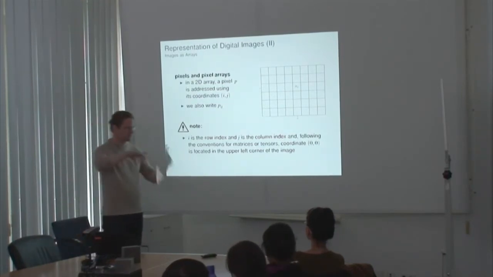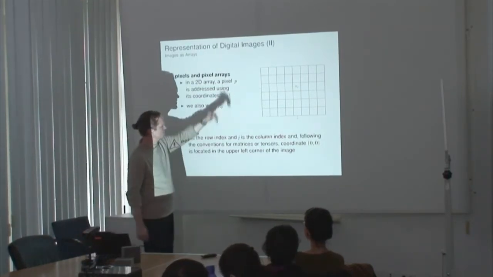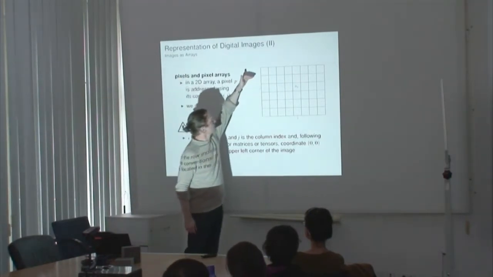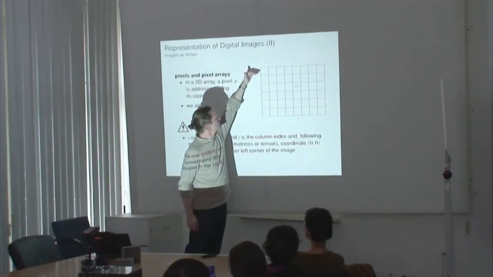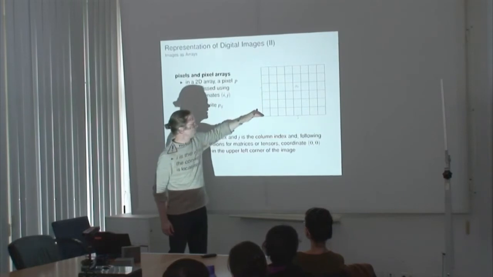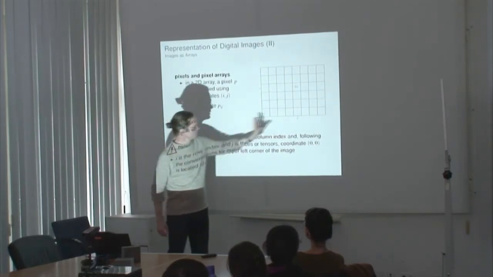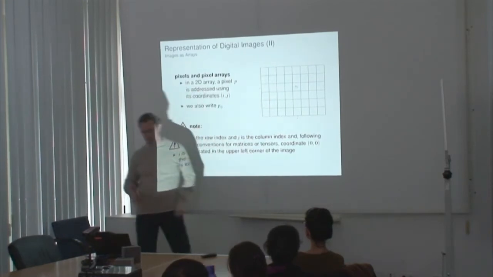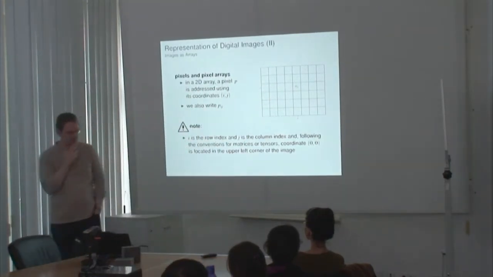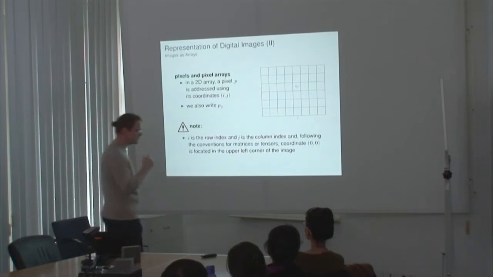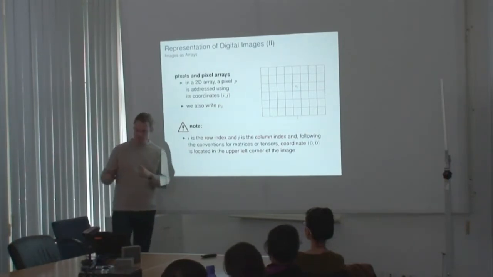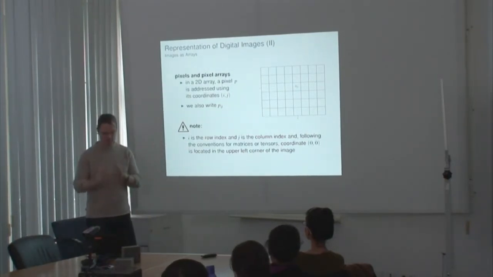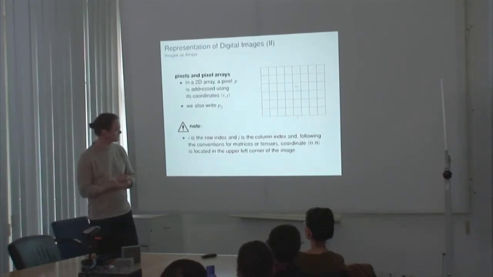And if you have two-way arrays, such as a matrix, you would start counting rows up here. This is row 0, 1, 2, 3, 4, 5. You'd also count the columns up here, column 0, 1, 2, and so on. So that is something you have to keep in mind, in particular, when in practice you switch between different interpretations or representations of images.